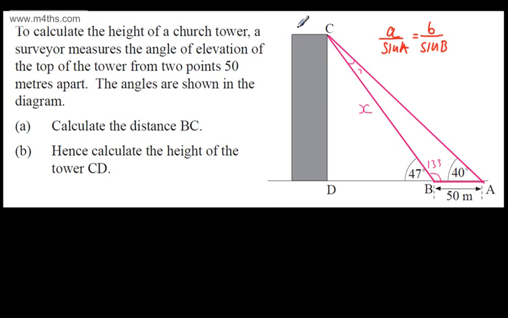So I'm going to write that X over the sine of 40 degrees will be equal to 50, which is the opposite to the 7, 50 over the sine of 7 degrees.